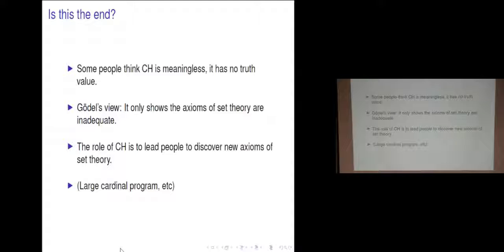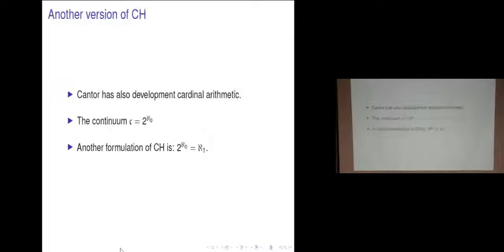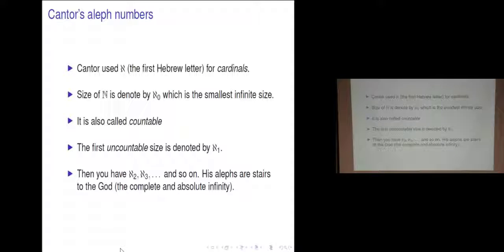If you tolerate me, I want to tell you just one more slide, not to prove everything. This slide is about Cantor's notation. Cantor actually developed lots of things. He used this word aleph to denote the size of infinity. Aleph is the first Hebrew letter.